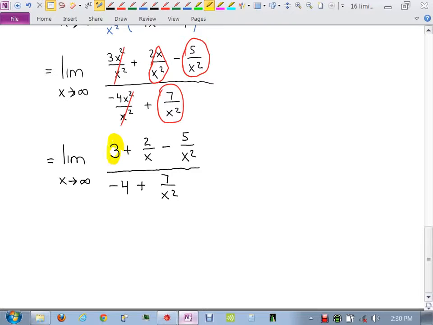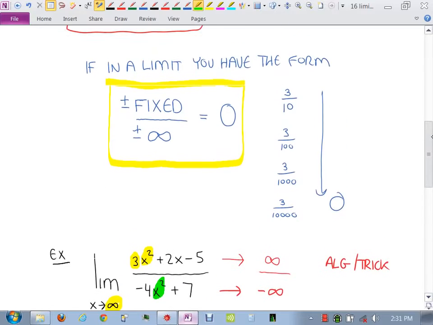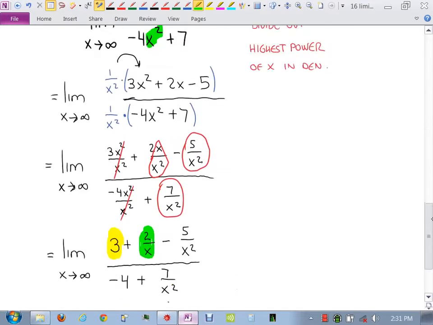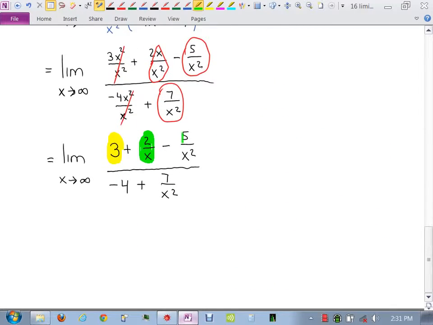So what happens to the 3? Well, there is no x next to it, right? So it's just 3. What's 2 over x, though? What's that go to? It goes to 0. Why? Because it's a fixed number over something that gets huge, right? Fixed over infinity goes to 0, which is what I just wrote up here, right? That big box thing, fixed over infinity goes to 0. So that's not going to blow up. It's going to go to 0. It's going to vanish.